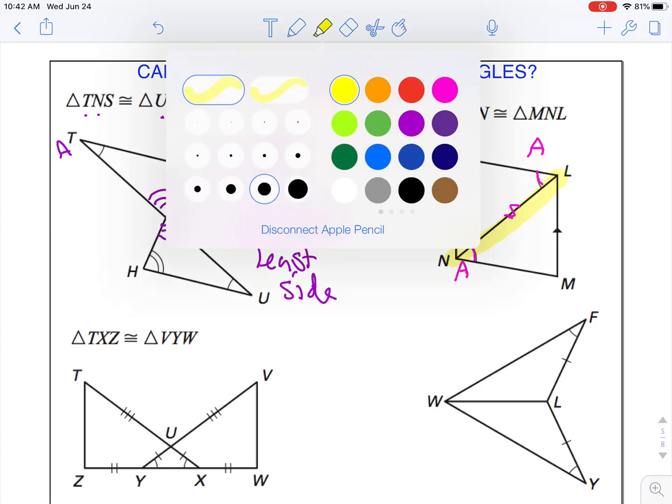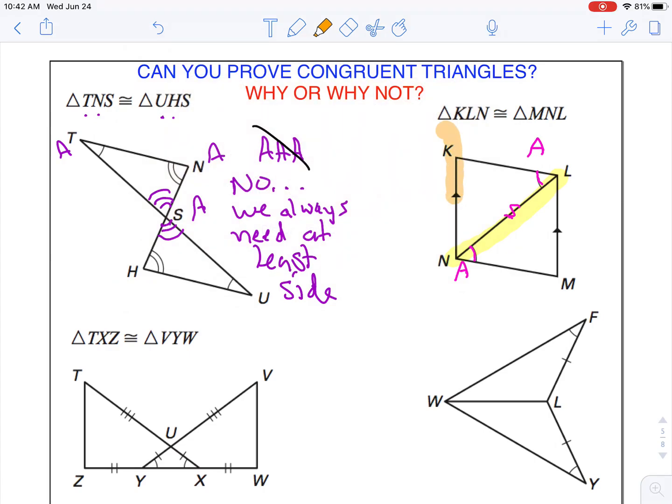Oh, we do have parallel lines, cut by that transversal. So these angles right here are alternate interior angles, and they're also congruent. Now we have another angle, so what we have is angle, side, angle. So yes, we can prove they're congruent by angle, side, angle.